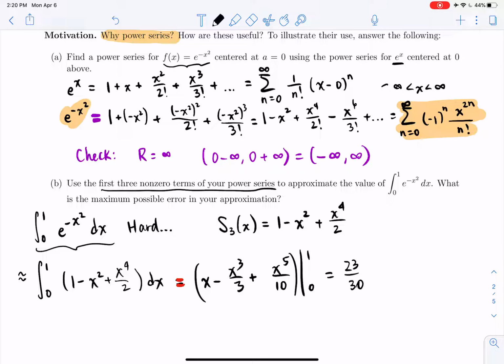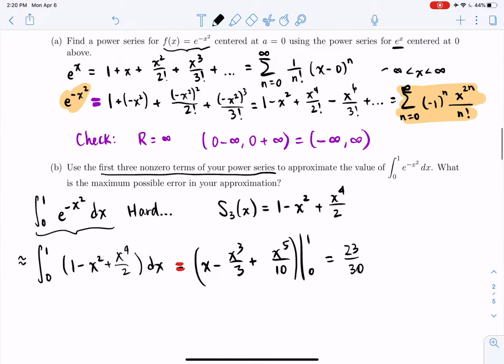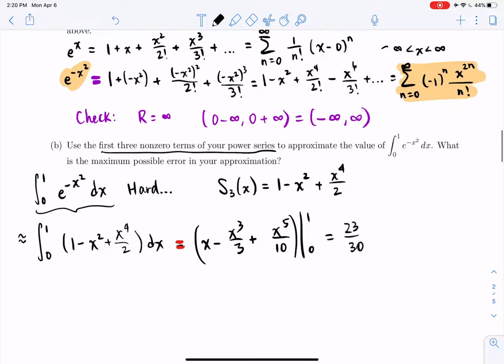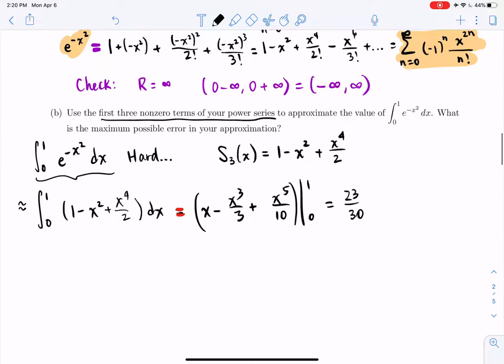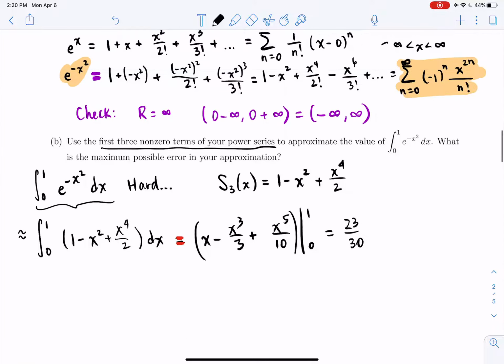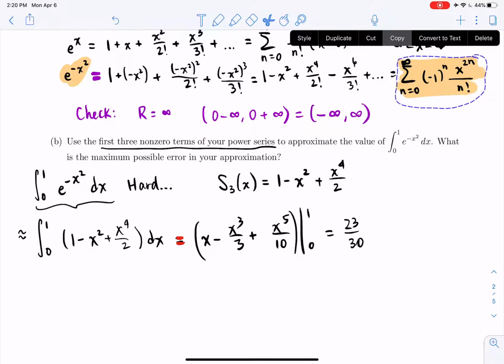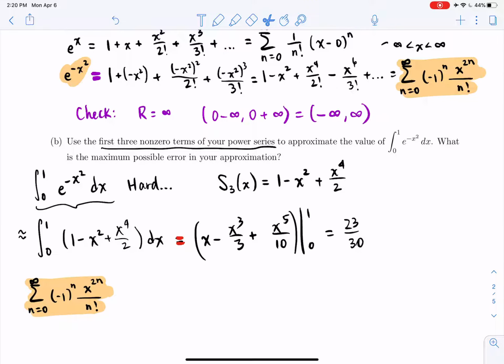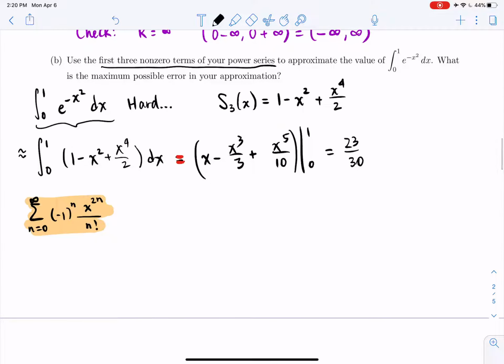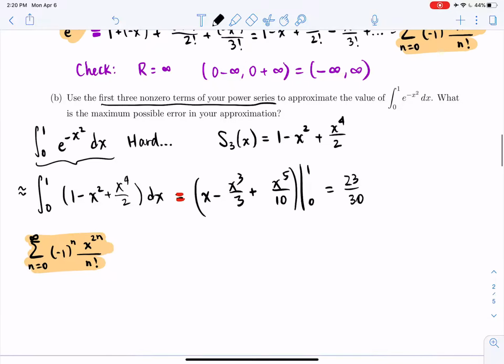Okay. Excellent. And then the last question is, what is the maximum possible error in your approximation? Well, remember that because we are using an alternating series, what is the error for an alternating series? So what we're actually trying to approximate, oops, and that's not even the correct series, is it? So this series is the series for e to the negative x squared, but we're actually using its antiderivative.